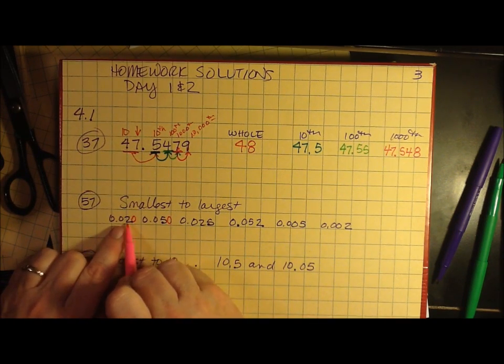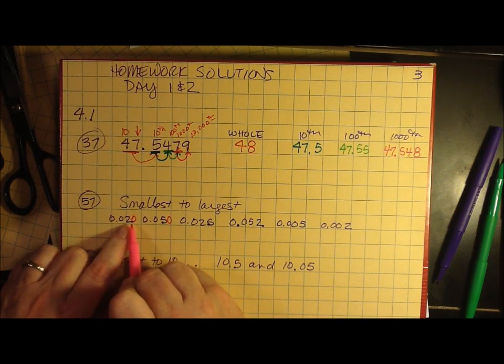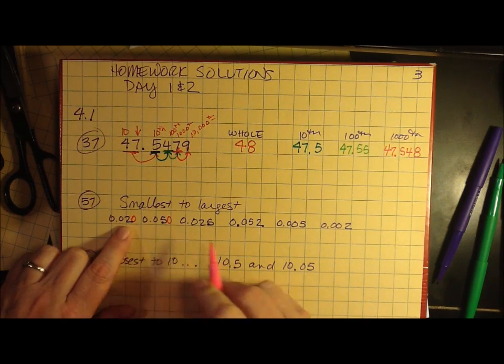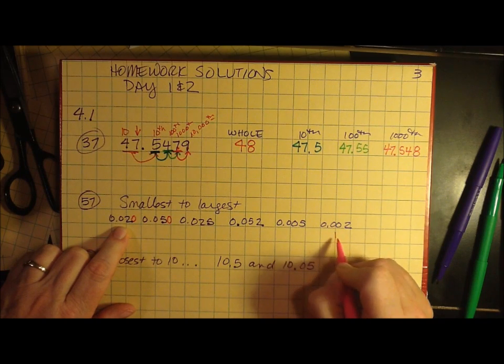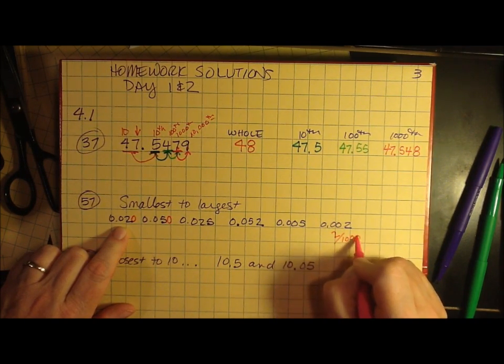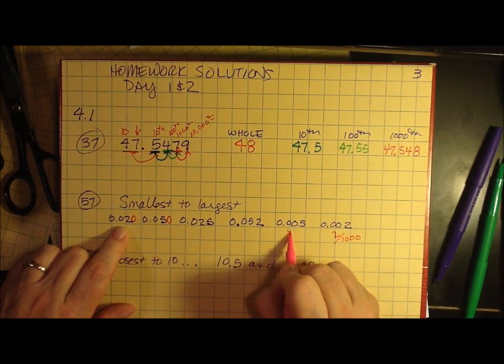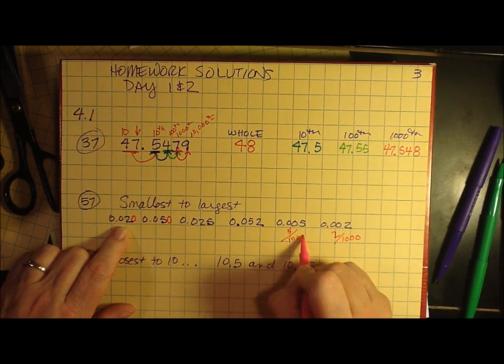So this is no longer just 200ths, but it's 20 thousandths. So let's see, out of all of these, the smallest one would be this one, because that's 2 thousandths. Then we have this one for 5 thousandths.